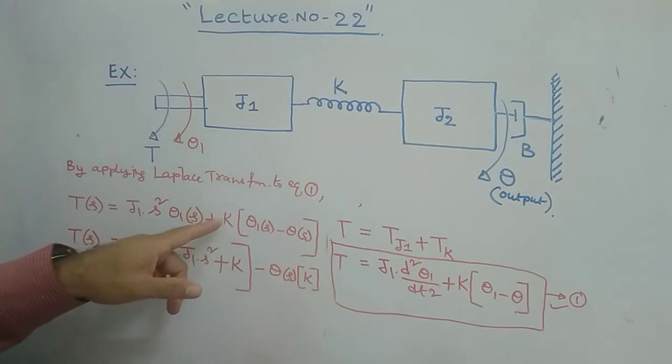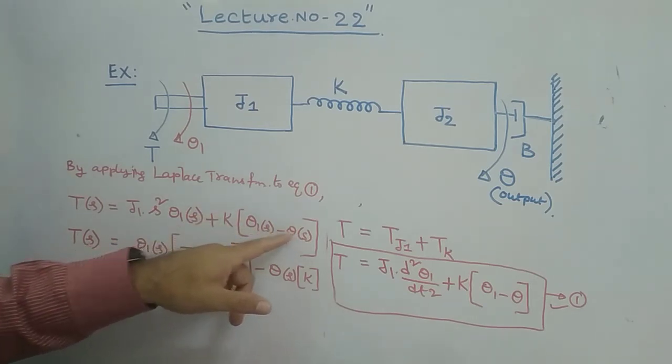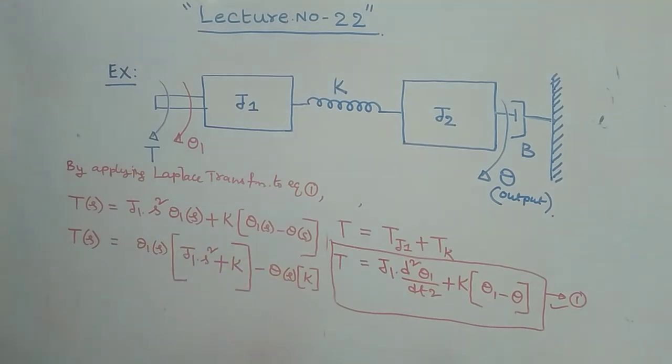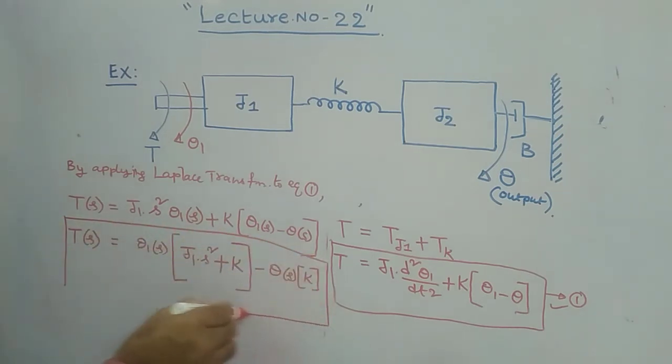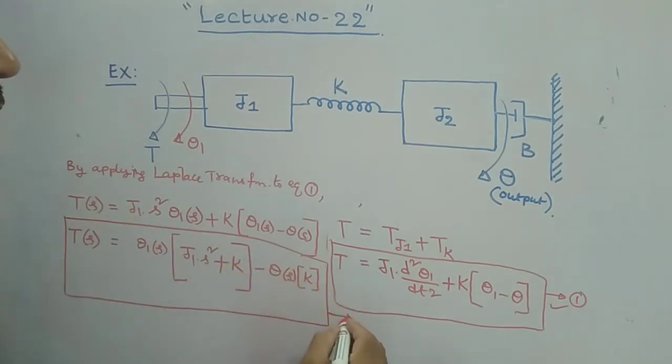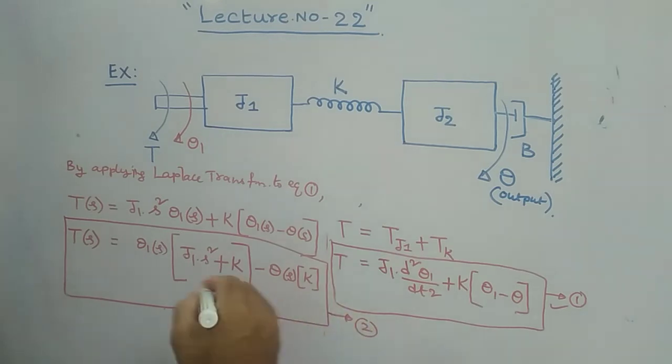What remains is minus theta of S into K. That's what. This you can call equation number 2, the second equation.